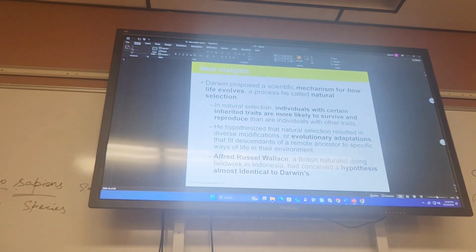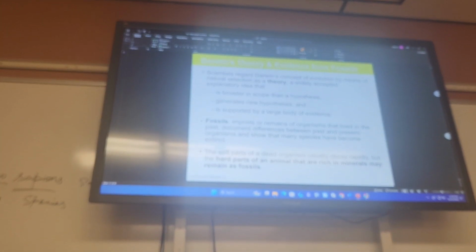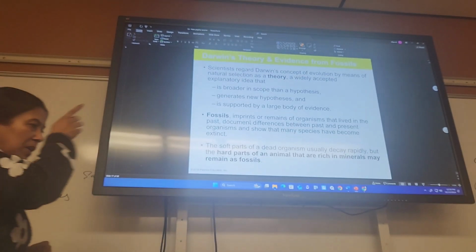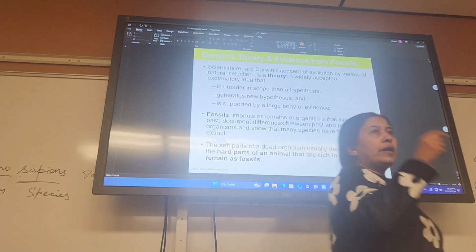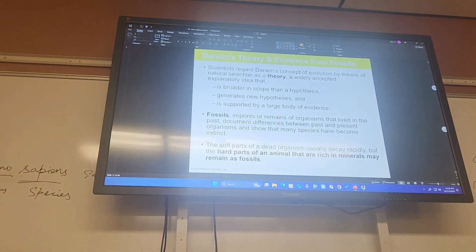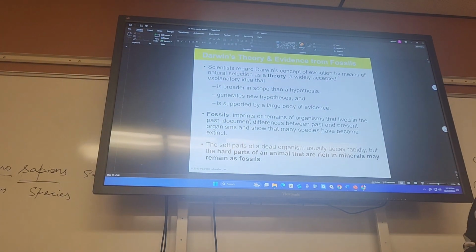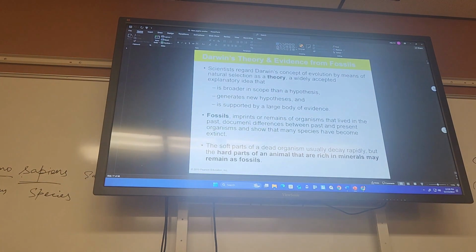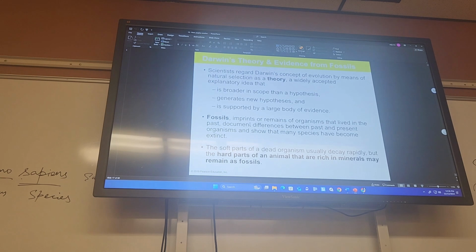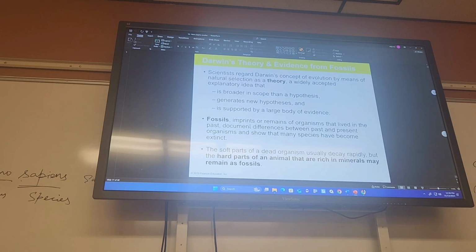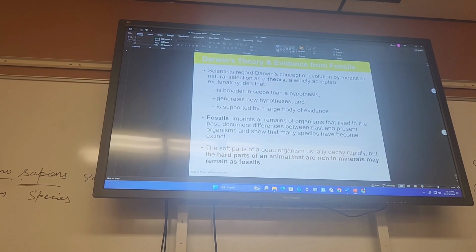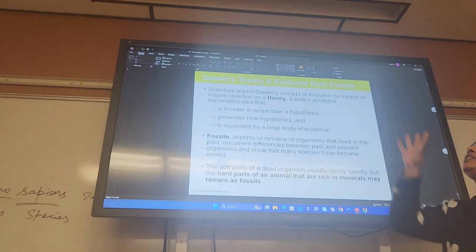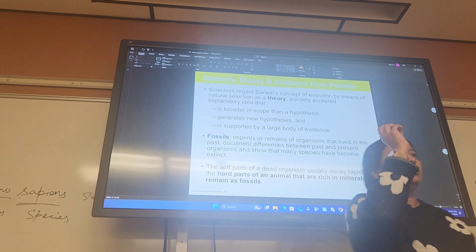Now let's try to understand what happened with the giraffes' necks. How did the giraffes' necks become so long? According to Lamarck, the giraffes' necks became long because the giraffes used them more. But as per Darwin, the necks became long not because they used them more. As per his hypothesis, there were giraffes with, let's say, a normal sized neck, and they were reaching out and eating leaves from trees.